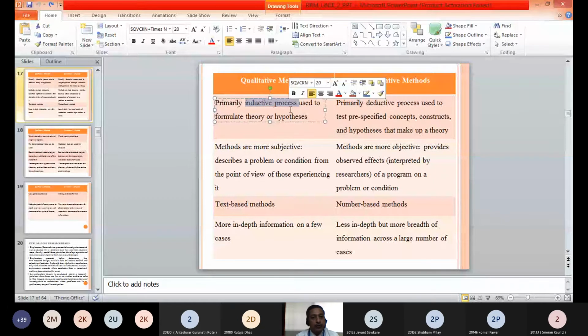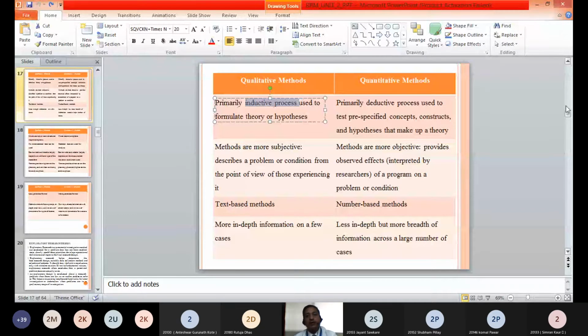Inductive means what? On the basis of a particular problem or particular situation, we try to go into the details. We explore that particular problem through different dimensions, through different angles. We study that particular problem, and we formulate certain theory or some assumptions or hypothesis on the basis of this exploration of the particular problem. That is the inductive method, which is there in qualitative methods.